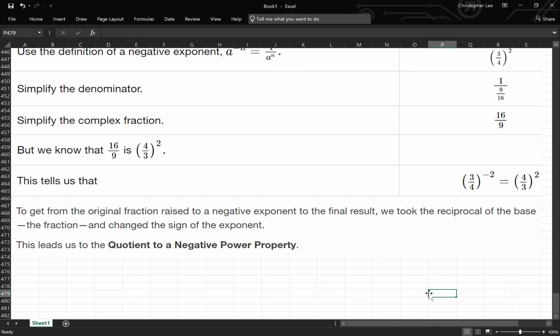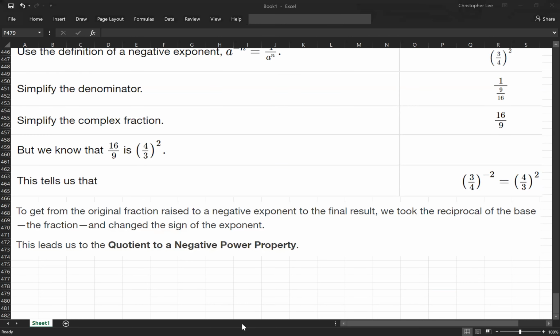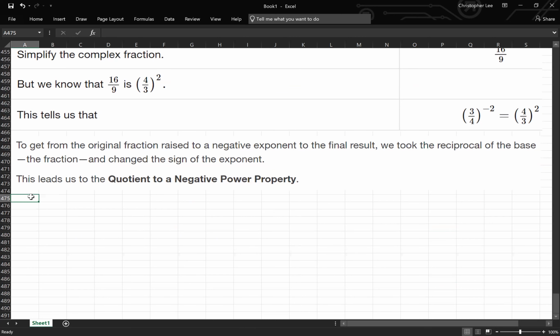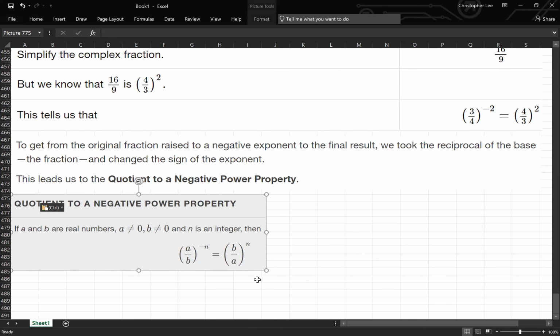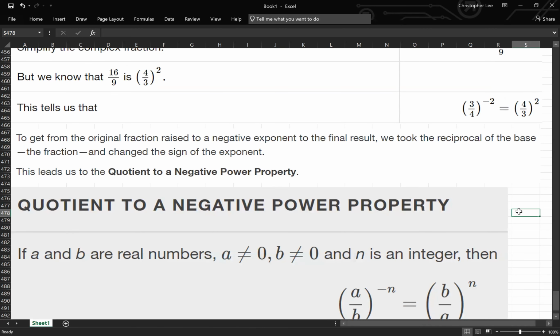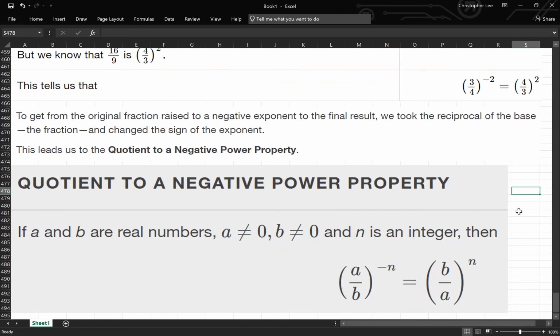This leads us to the quotient to a negative power property.